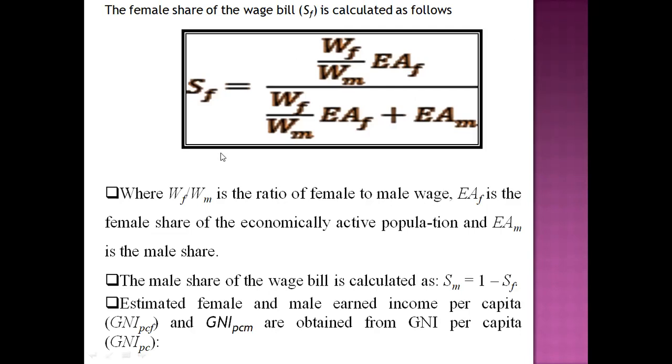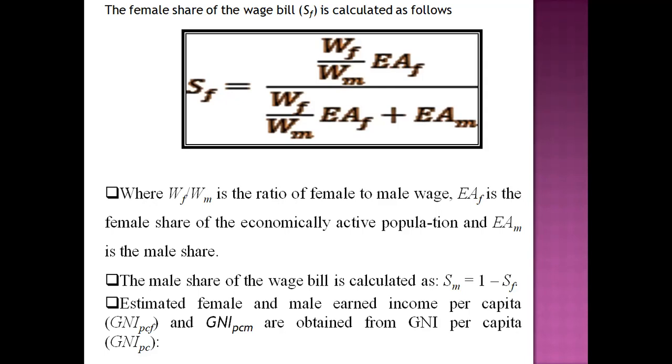The female share of wage bill, that is denoted by SF, equals WF by WM, where WF and WM is the ratio of female to male wage, into capital EAF. The meaning of capital EAF is the female share of economically active population, and similarly EAM is the economically active population of male.